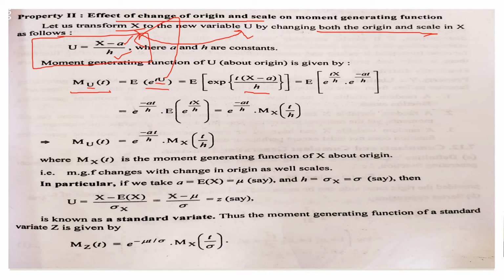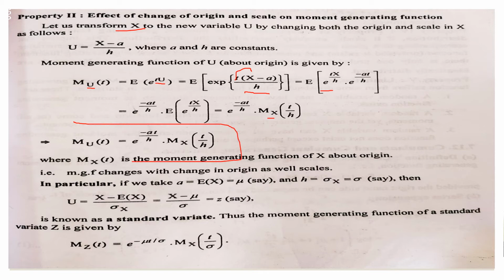Now breaking this bracket into two parts, expectation of e^(tX/h) times e^(-ta/h). This is the constant part and this will go outside the bracket, and we will have only the expectation of this one. Now from the previous property, we can say this is our t and this is our X. It is M_X(t). In this way, we have found the moment generating function by changing its origin and scale, and its new formula is like this. If we make U of this type, then its moment generating function reduces into this type.